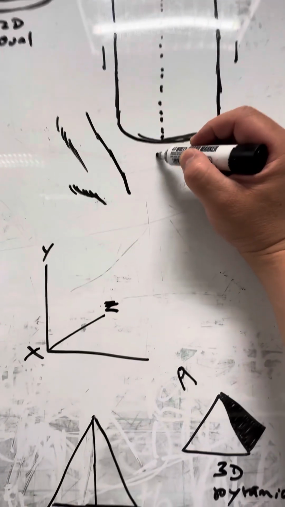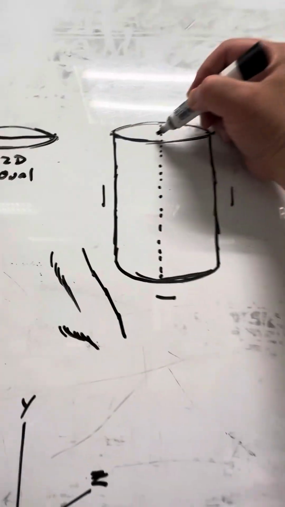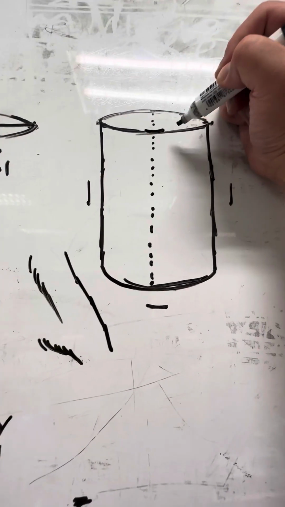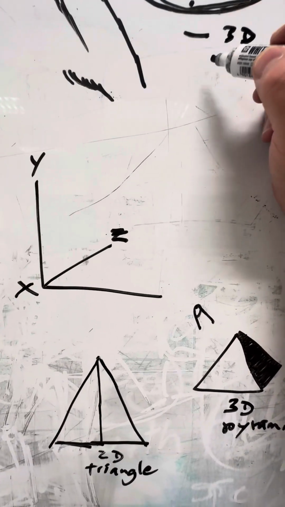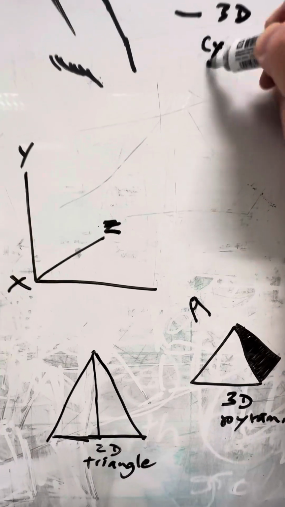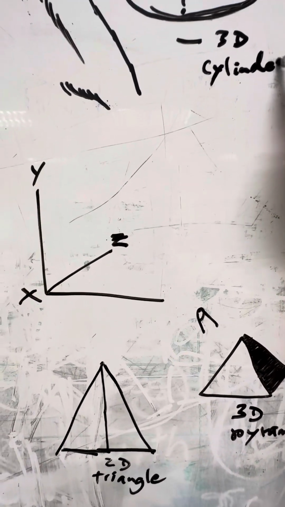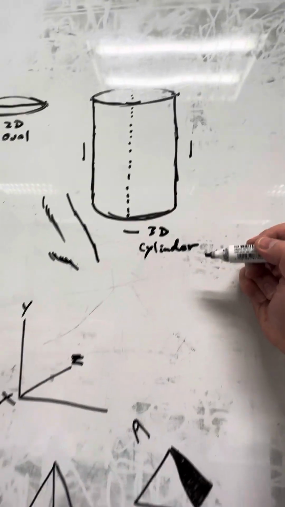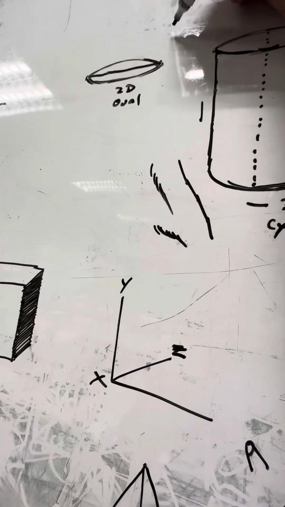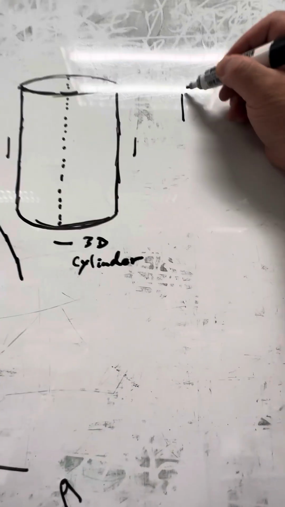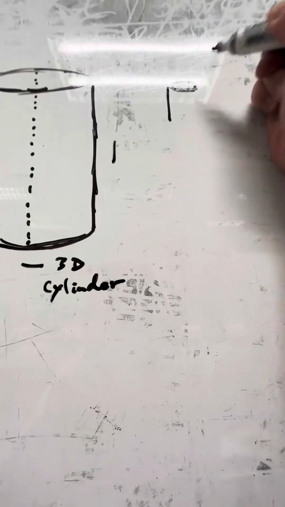As well as these curved lines, they can also be called parallel lines. Okay, so 3D is a cylinder, right? Okay.